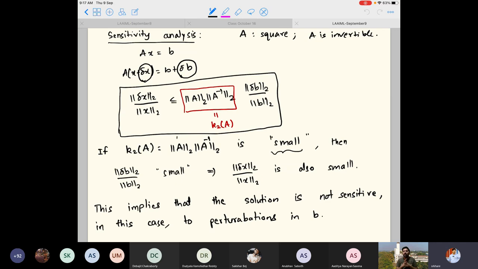The best possible scenario is when the condition number of A is 1. If you look at this result from all these different points of view, it starts making sense to you.